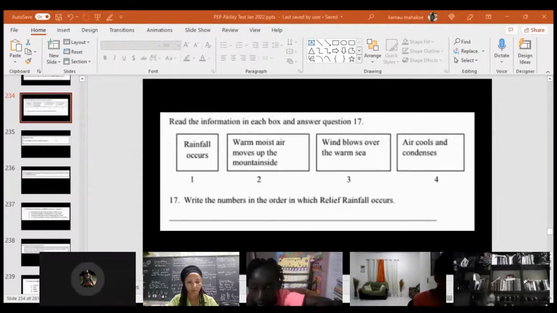Rainfall occurs. Warm, moist air moves up the mountainside.